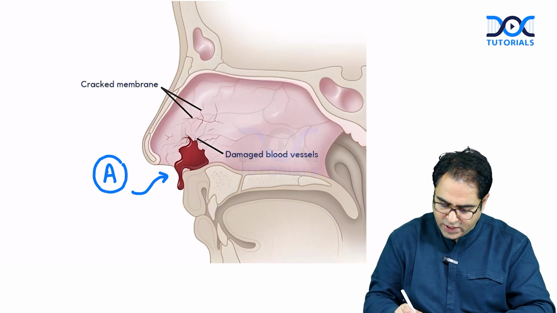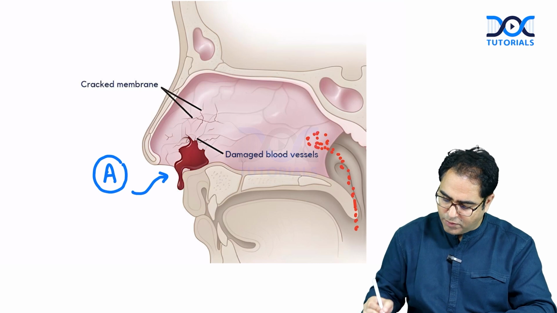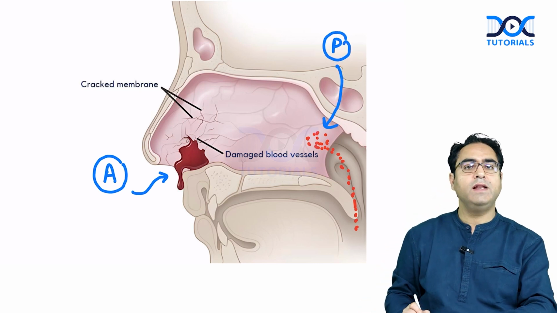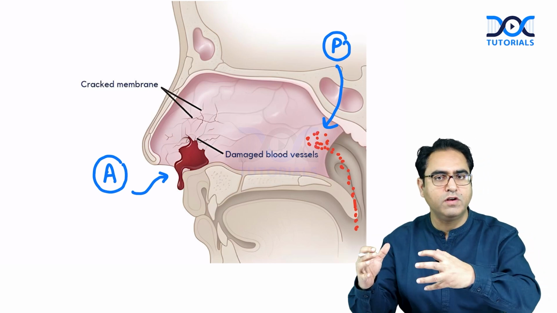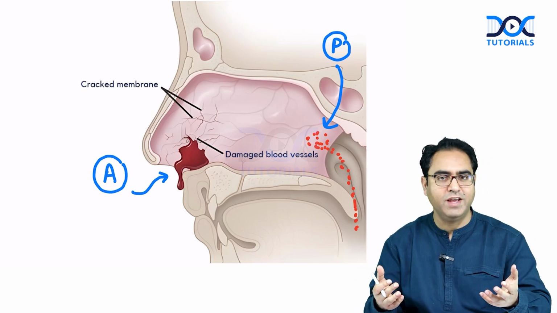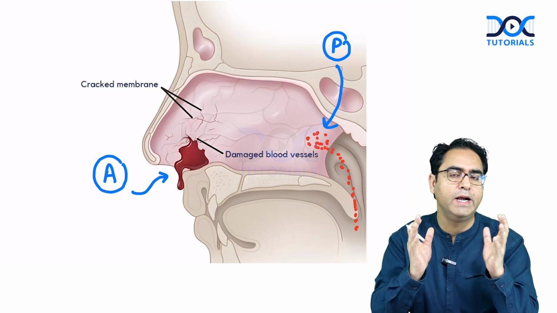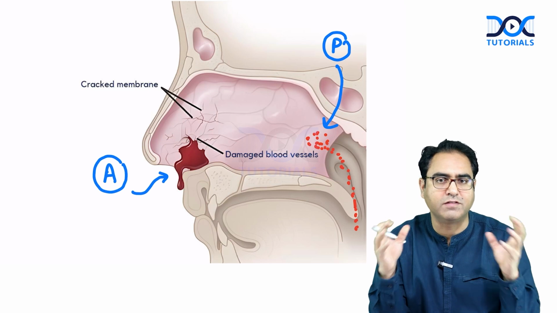But what if the bleeding starts from the posterior part of nose and the blood starts falling in your throat? This type of bleeding is called the posterior epistaxis. And in elderly population, we see due to hypertension or atherosclerosis, the bleeding is posterior. Okay, so majority bleeds are anterior, but hypertensive or atherosclerotic bleed in elderly population is posterior epistaxis.